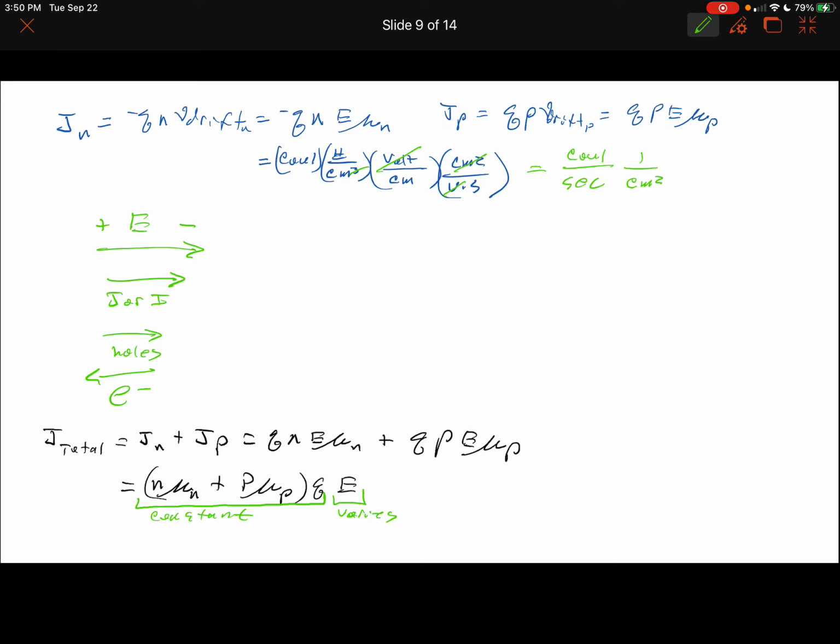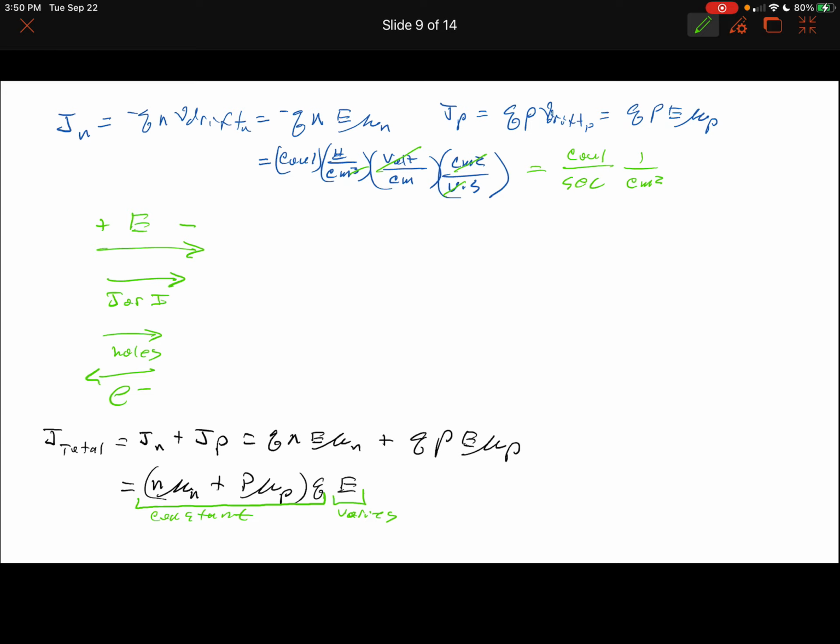The field will vary as we change voltage on it, but usually that N times mobility, the electron concentration times the electron mobility plus P times the hole concentration times the hole mobility, add those up and multiply by Q.